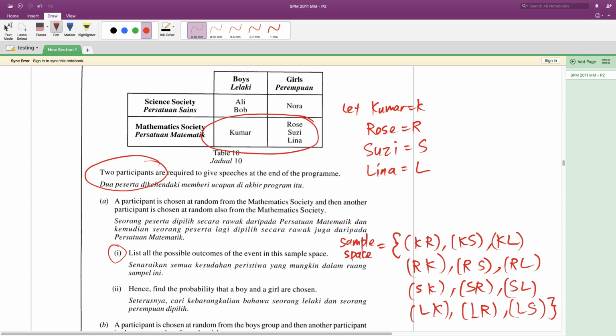However, if you write until here, you must pay attention, because these are people. The question says they must choose two participants to give the speech.